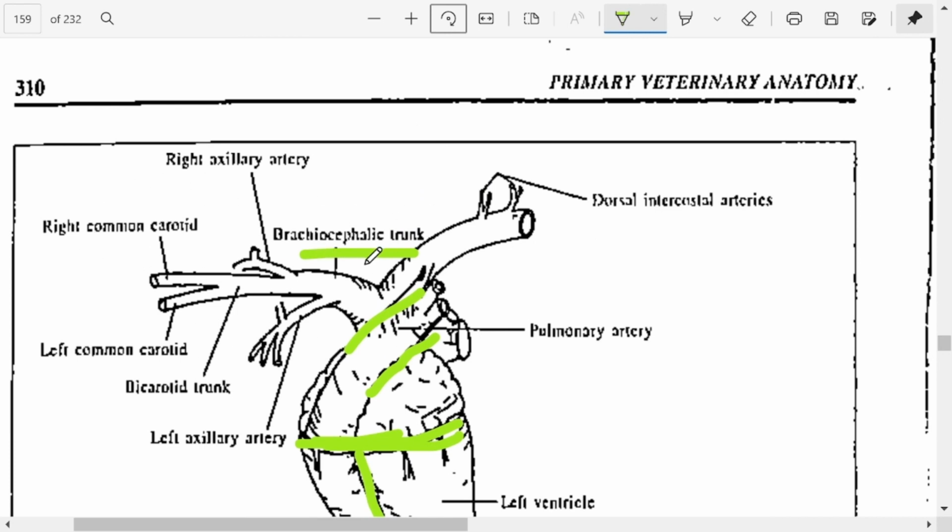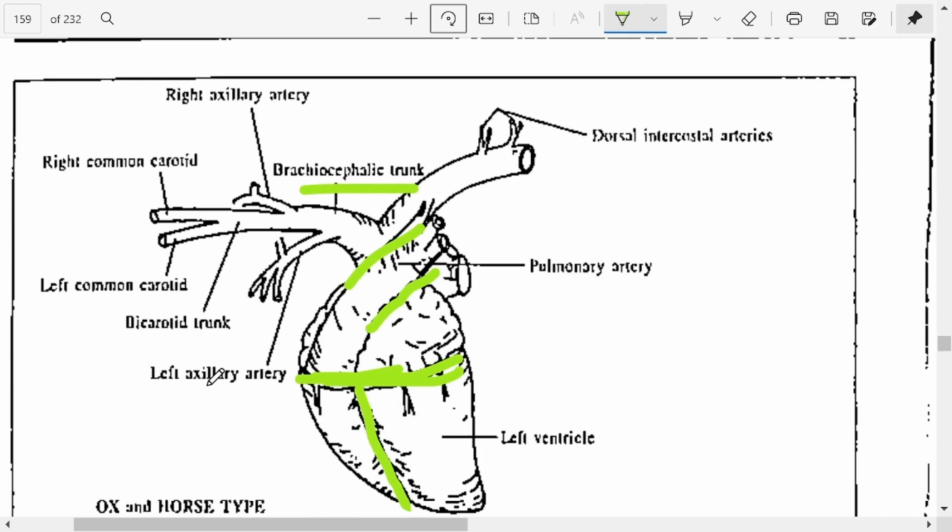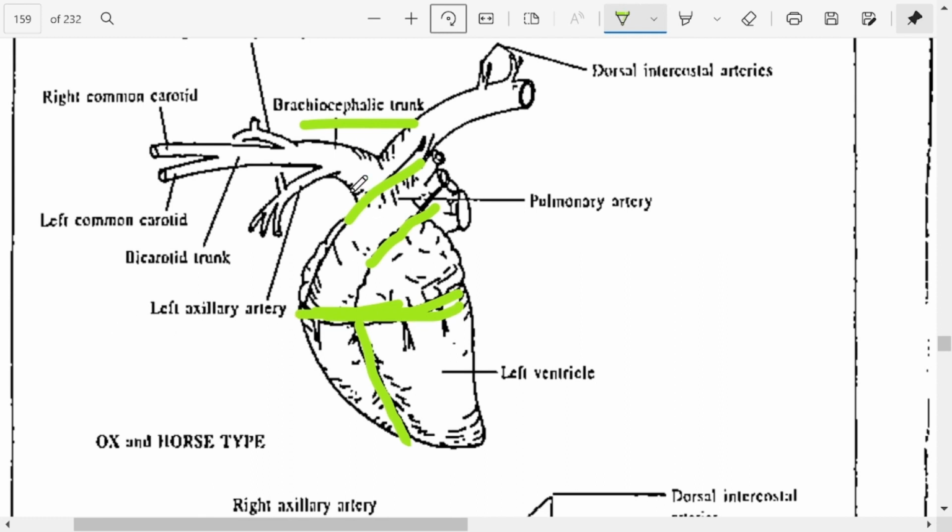We'll be talking about all of those blood vessels in another video. Here, these are basically the brachiocephalic trunk.